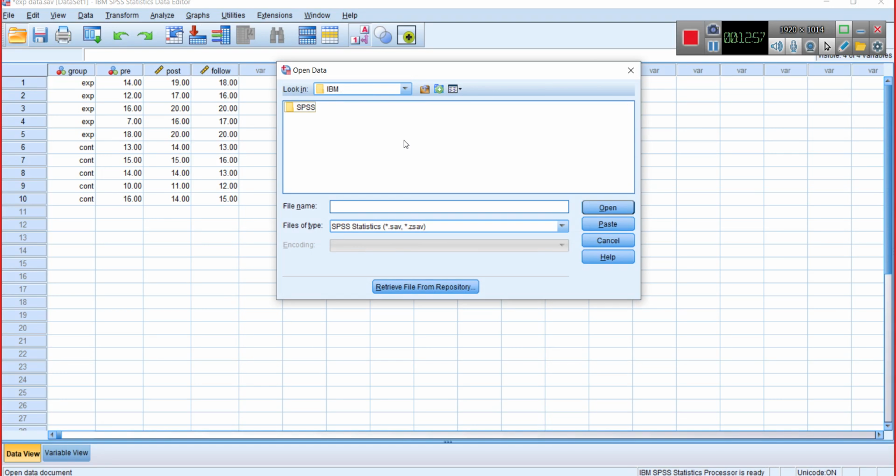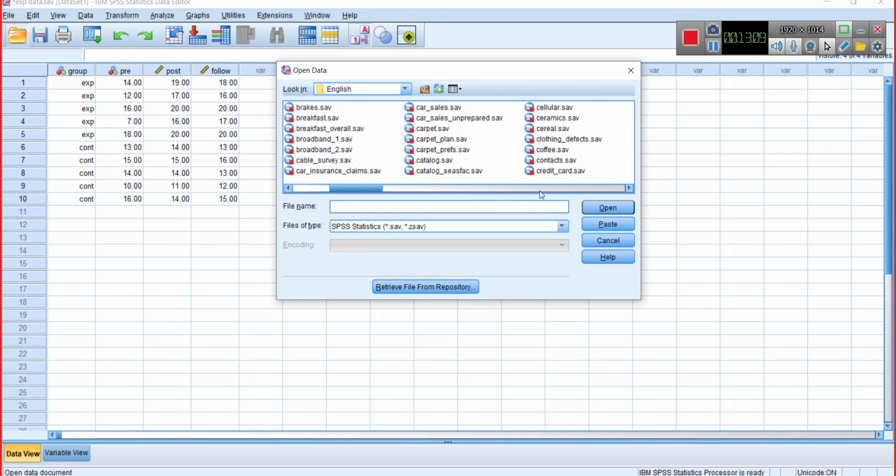If you go to the directory where you installed SPSS, you have samples in different languages. For example, in the English language, you have some files for different research designs.